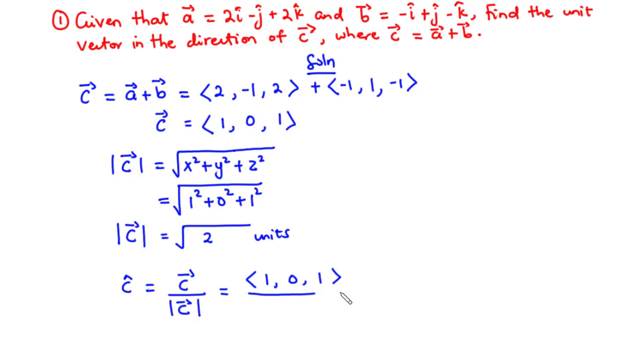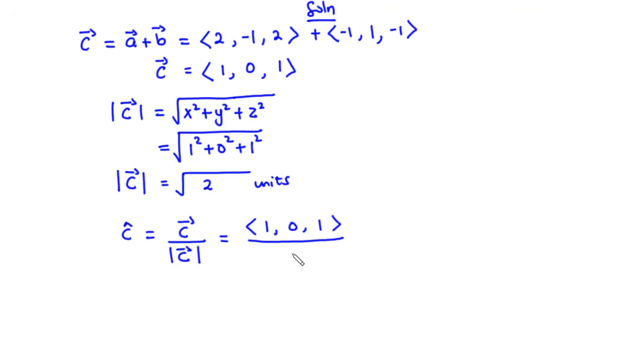These are the components, and then we divide through by the magnitude of vector C, which is the square root of 2. So basically we are going to divide each component of the vector by its magnitude. So we have 1 over root 2, comma, 0, comma, 1 over root 2. Now because we have the denominator to be a surd, we need to rationalize that.